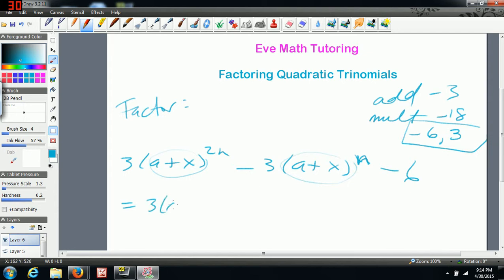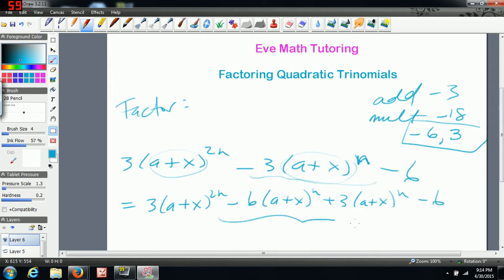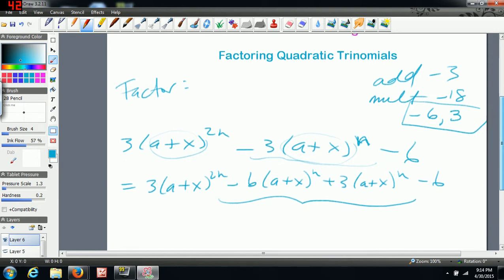So what we're going to do is replace the middle term with that. Negative 6a plus x to the n plus 3a plus x to the n minus 6. So we replace this middle with that there.